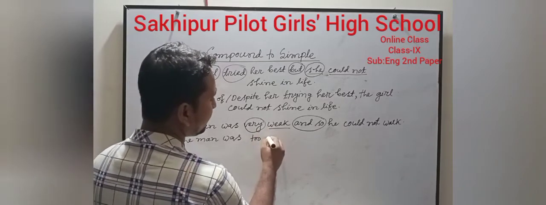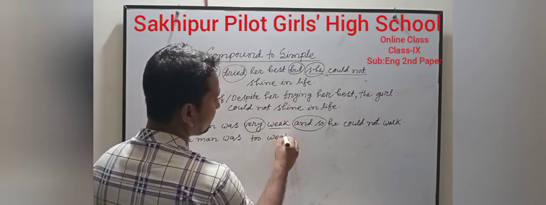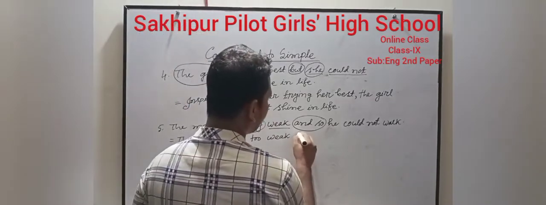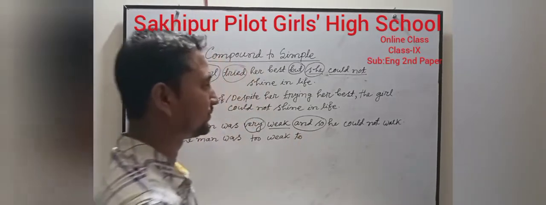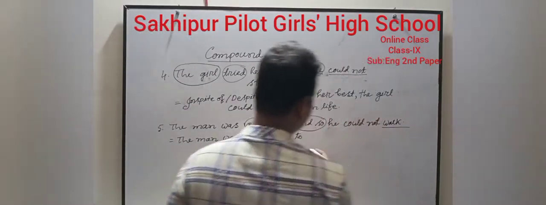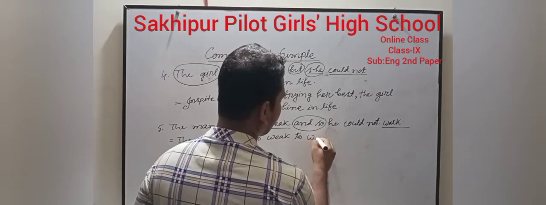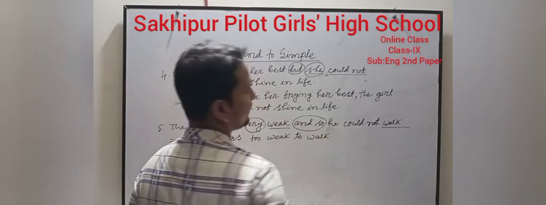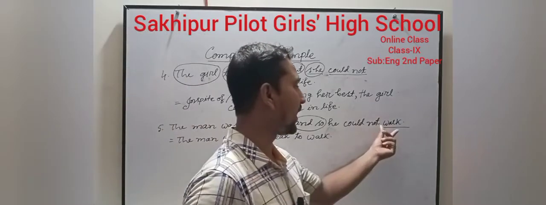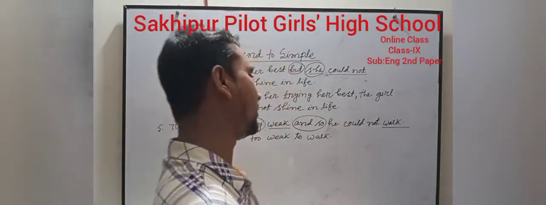Then you have to write the adjective. Then you have to write "to" instead of "and so". Then you have to write the verb of the second clause, from the verb up to the last of the clause.